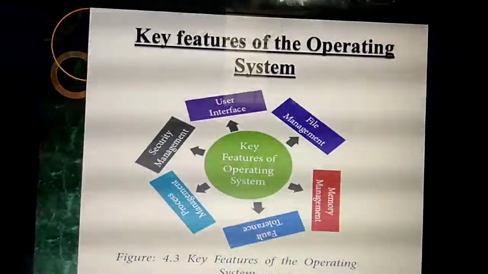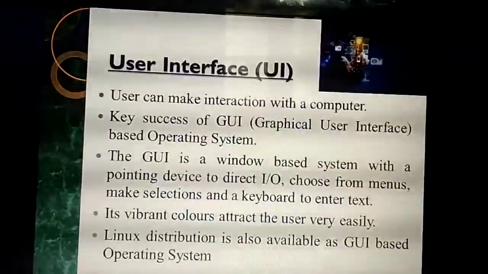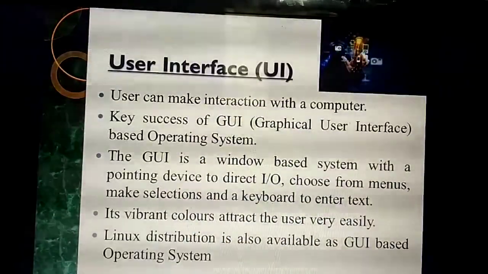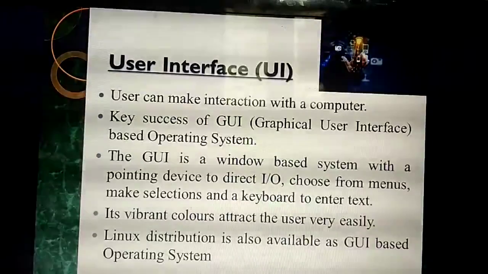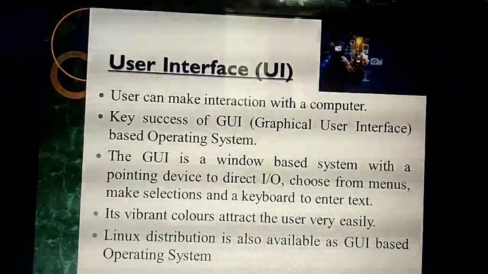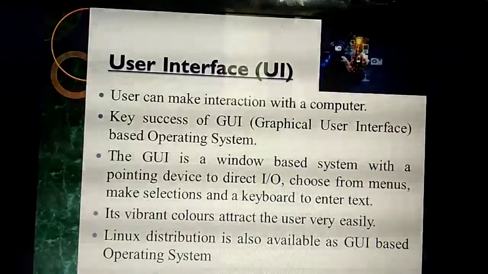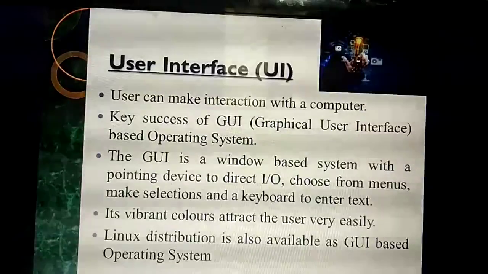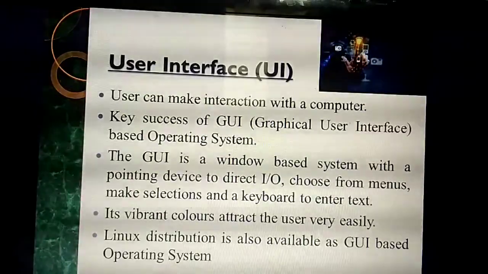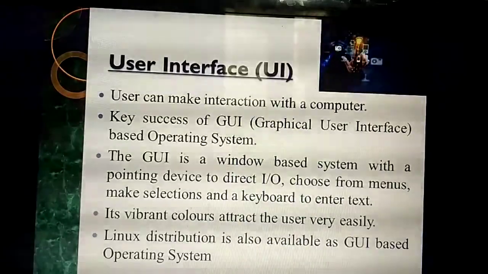So you are going to study each and every heading separately. Okay. First one is user interface. What do you mean by user interface? So you are using your mobile phones. Most mobile phones now have passwords. So once you turn on the mobile phone, what will you type?